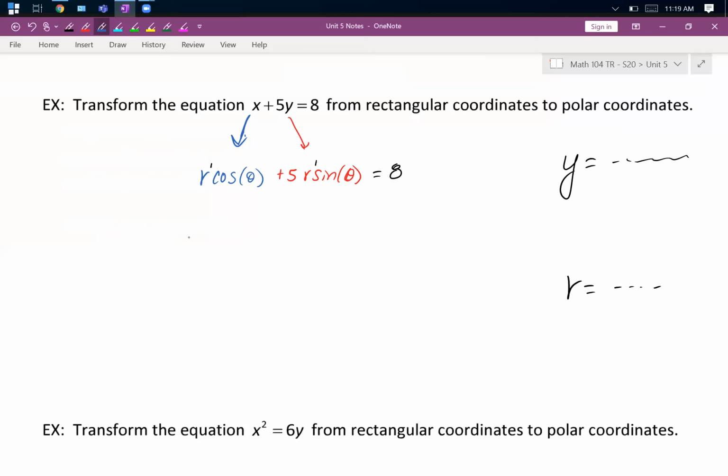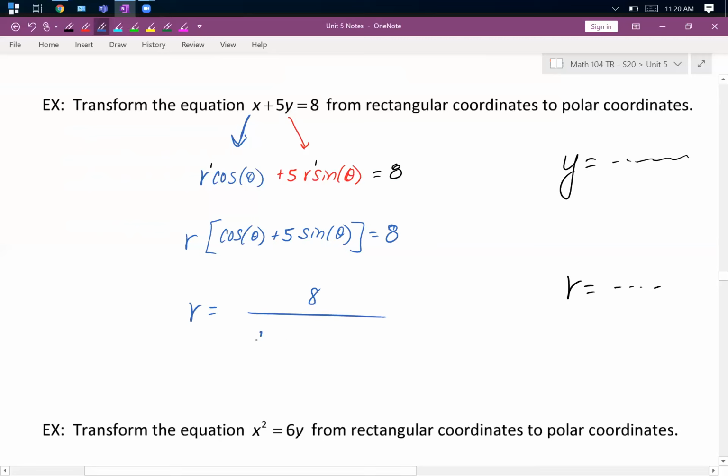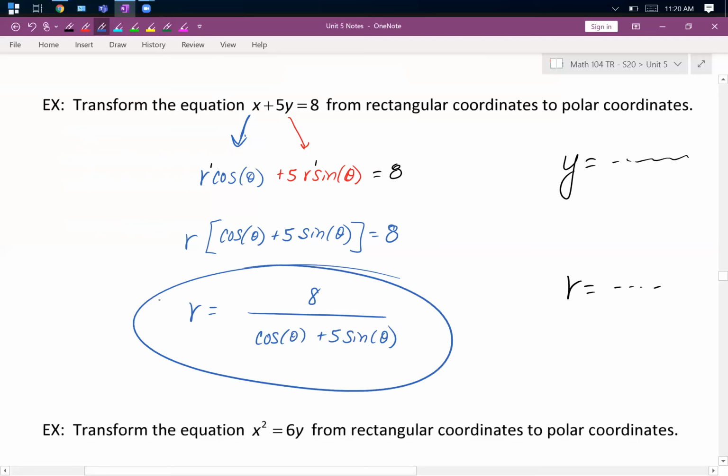We are going to factor an r out. And then we can divide both sides by what we have in the brackets there and get that r is equal to 8 over cosine of theta plus 5 sine of theta. And that is our polar equation.